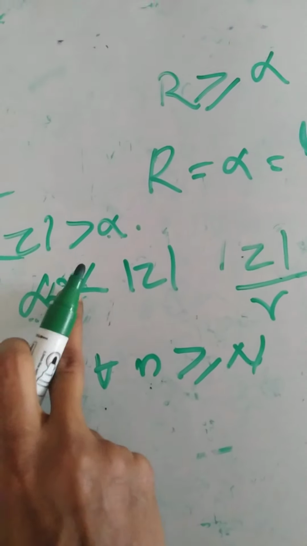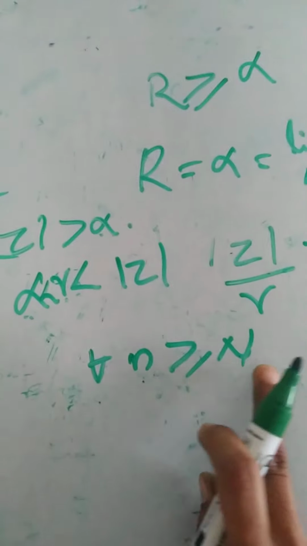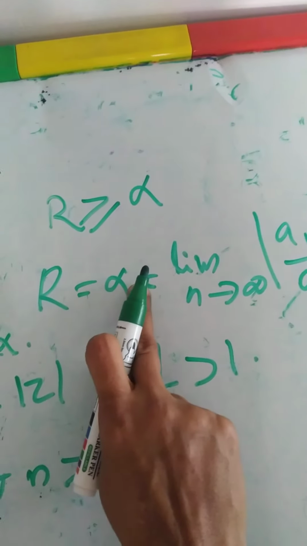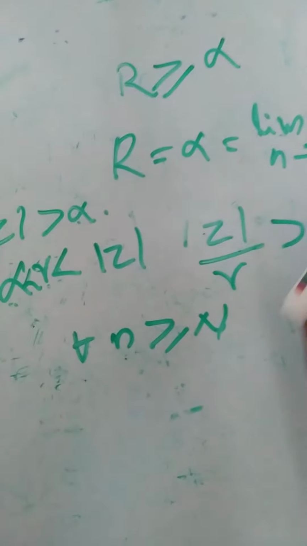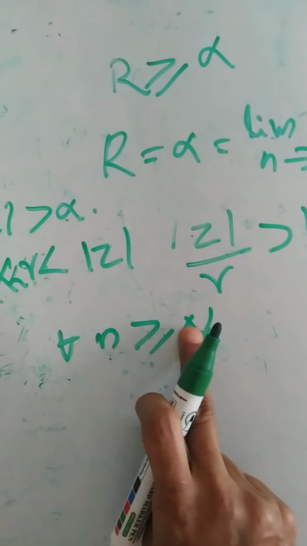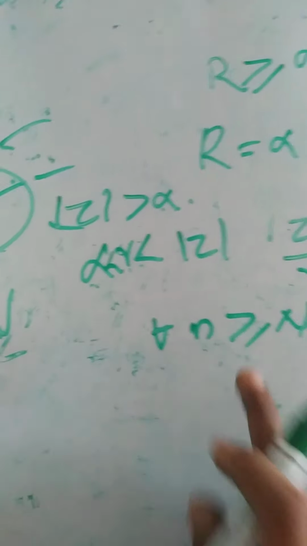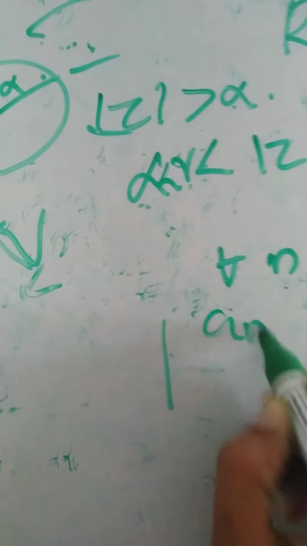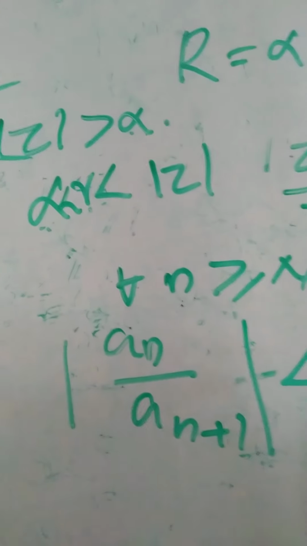So here r is greater than alpha. Since the limit of modulus of a n divided by a n plus 1 is alpha and r is greater than alpha, by using the convergence property we can show that there exists a positive integer N such that for every n greater than or equal to N, modulus of a n divided by a n plus 1 is less than r.